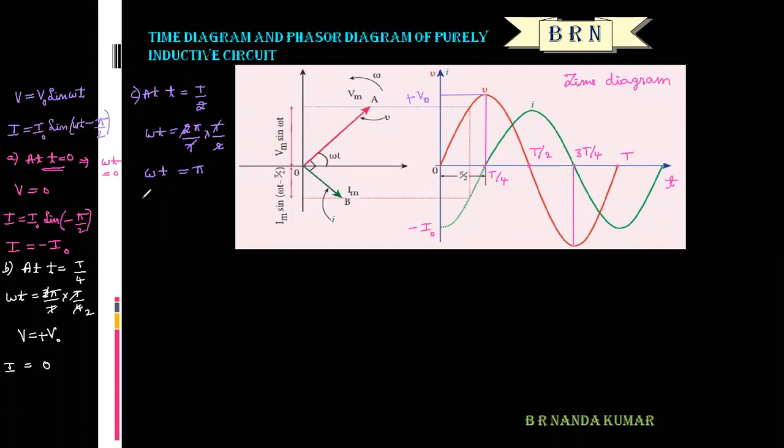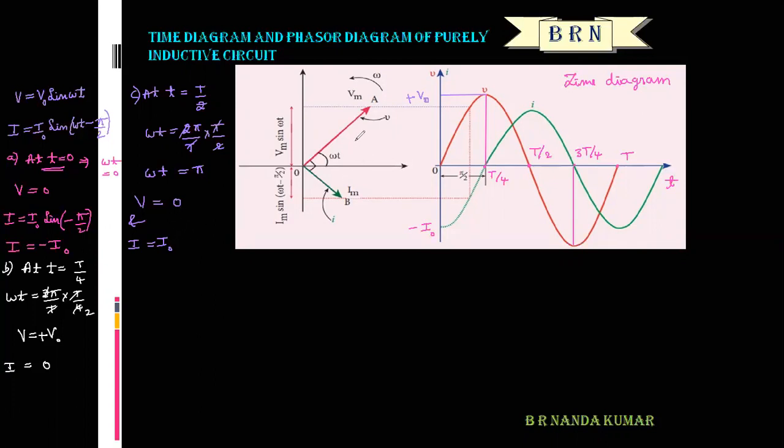So when omega t is equal to pi, voltage V is equal to V naught sine pi. Sine pi is 0, 0 and anything is 0. And the current I is equal to I naught sine of pi minus pi by 2. Pi minus pi by 2 is pi by 2, right? Sine pi by 2 is 1.